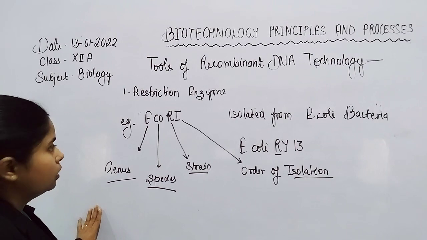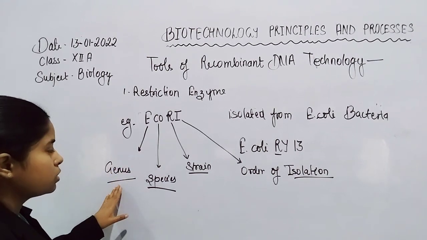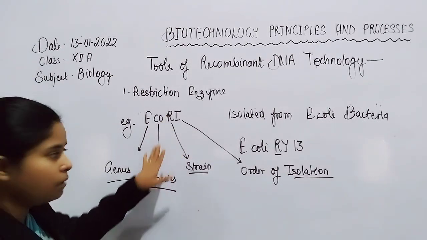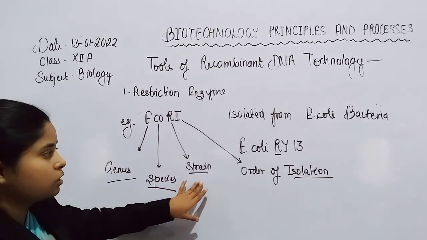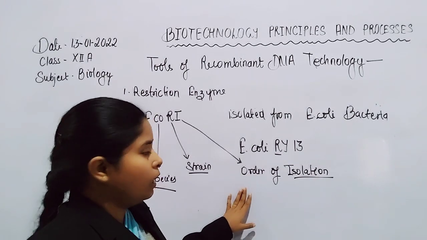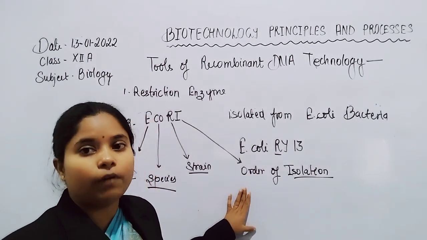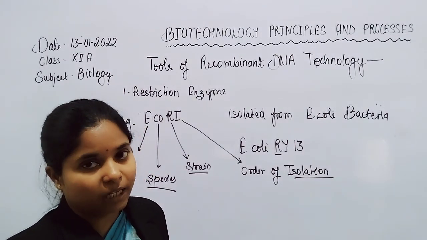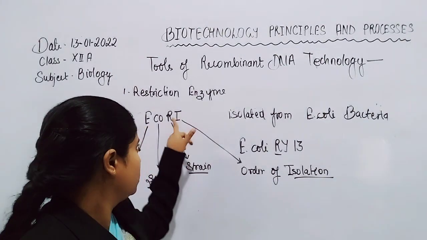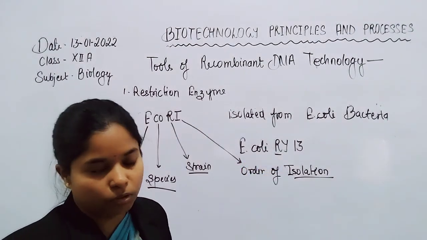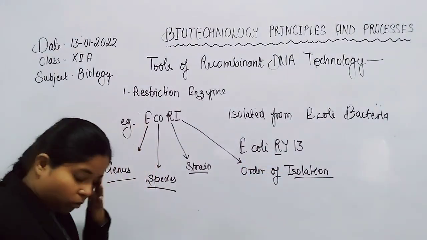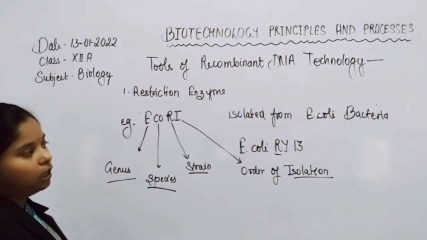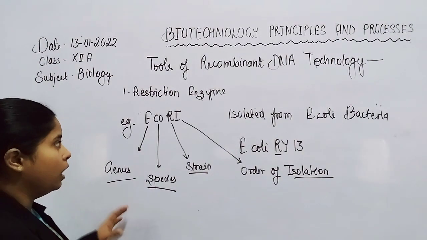E denotes the genus, Co denotes the species name, R denotes the strain, and I is the order of isolation, meaning the first enzyme isolated from this bacteria. So there are first, second, and so on, isolated from E. coli RY13.